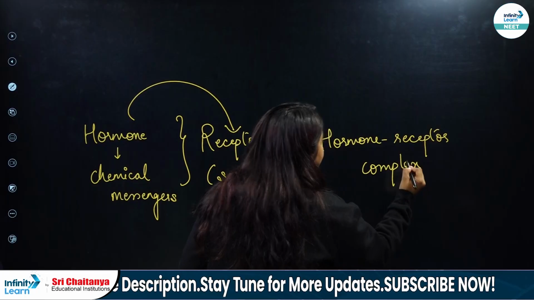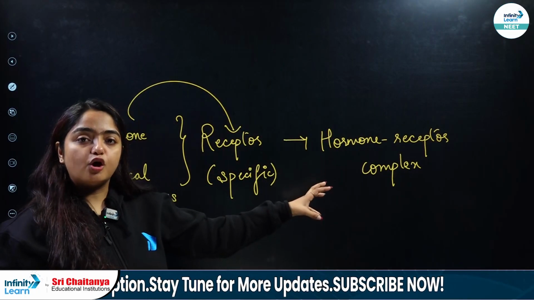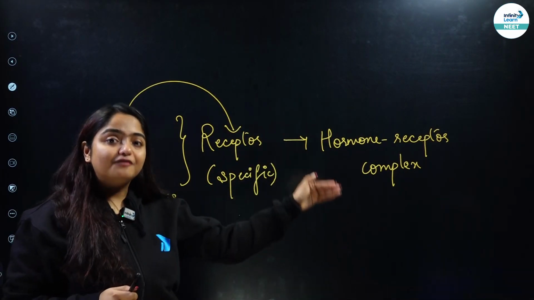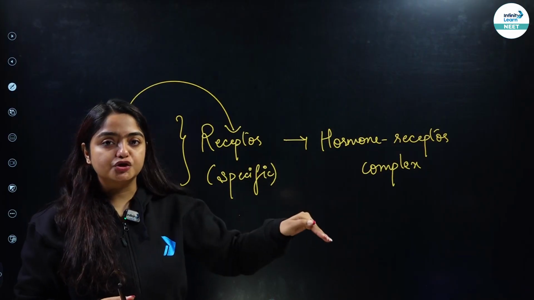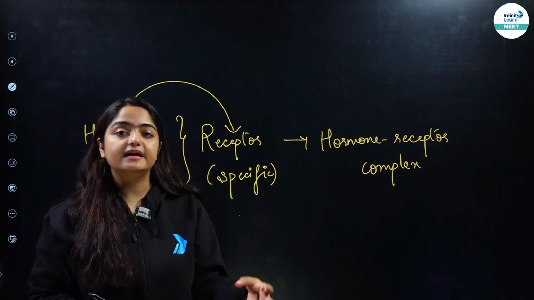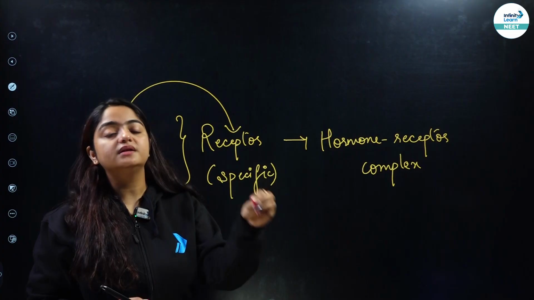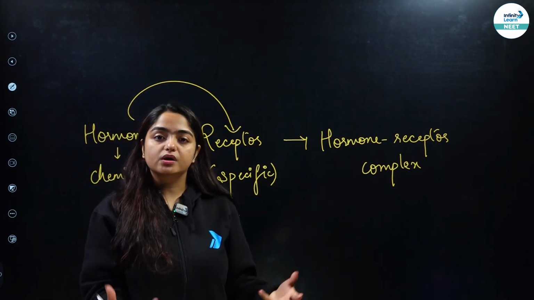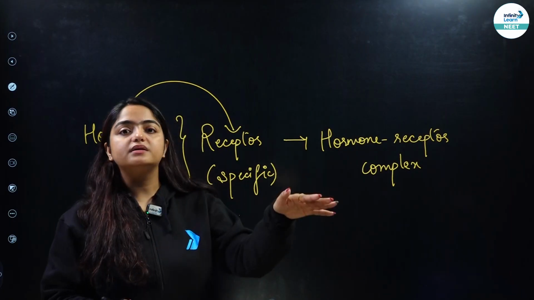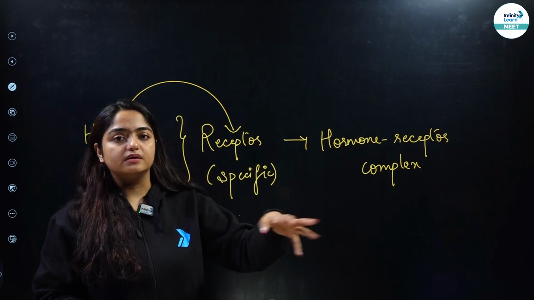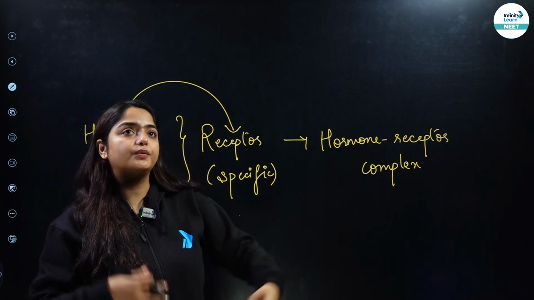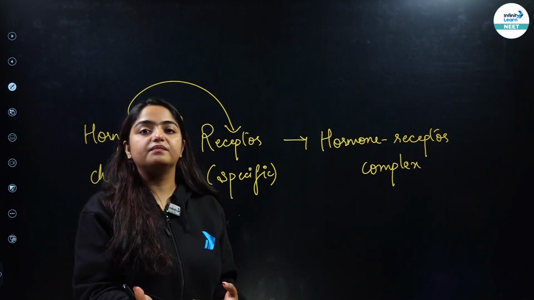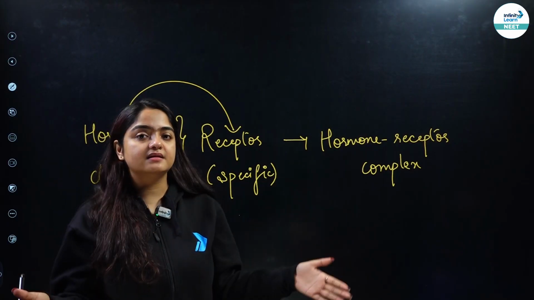And then, once the hormone-receptor complex is made, this complex will make sure that the physiological effect is observed on the target organ or target tissue. Because we already know that hormones act on the target tissue, the target organ. They do not randomly make the physiological effects appear in the entire body.